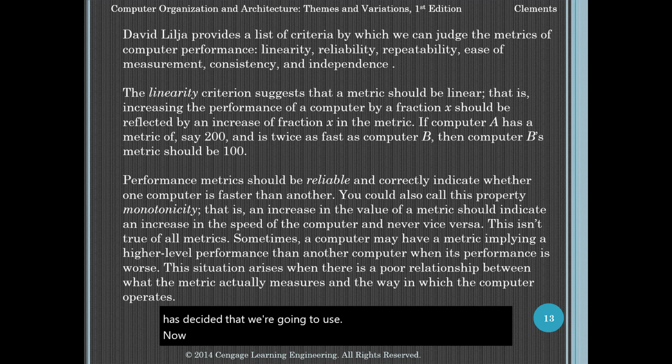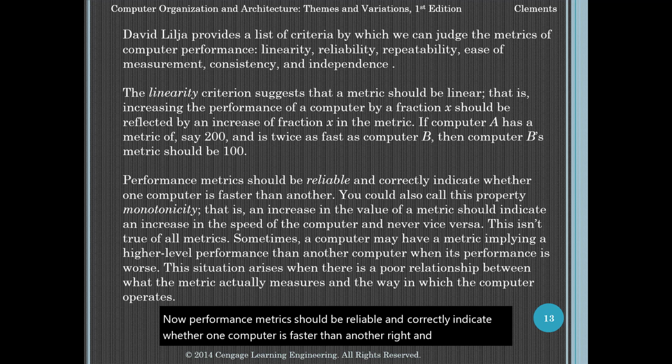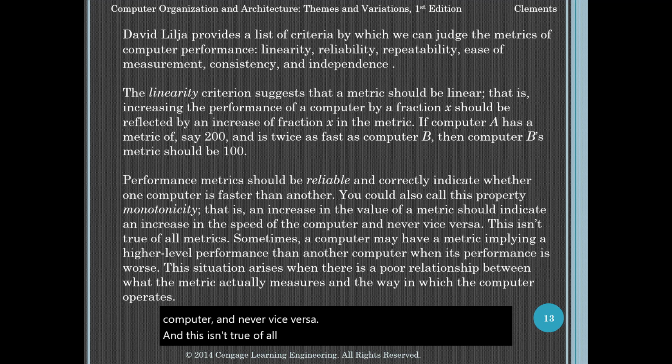Now, performance metrics should be reliable and correctly indicate whether one computer is faster than another. And we call this property monotonicity. An increase in the value of a metric should indicate an increase in the speed of the computer and never vice versa. And this isn't true of all metrics. Sometimes a computer may have a metric implying a higher level of performance than another computer when its performance is worse.